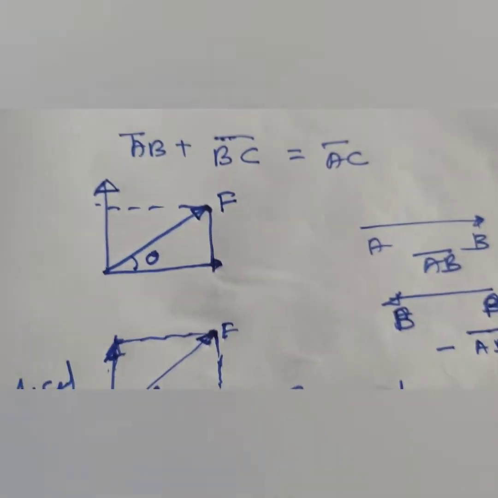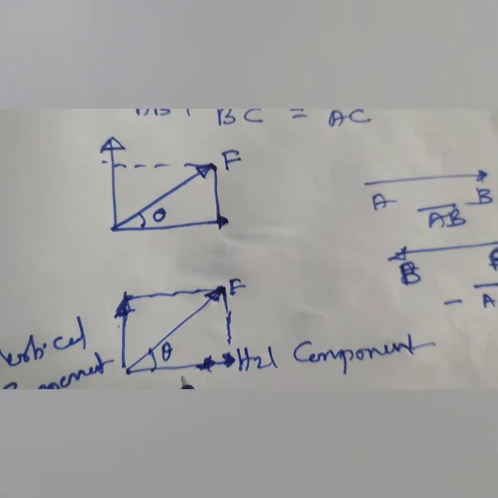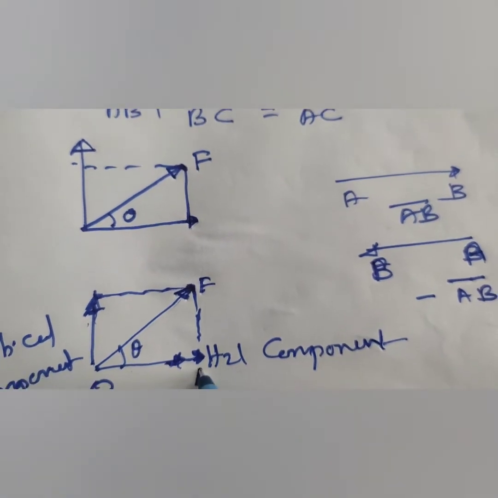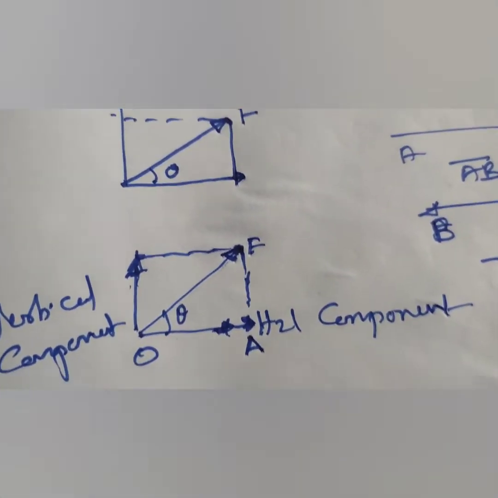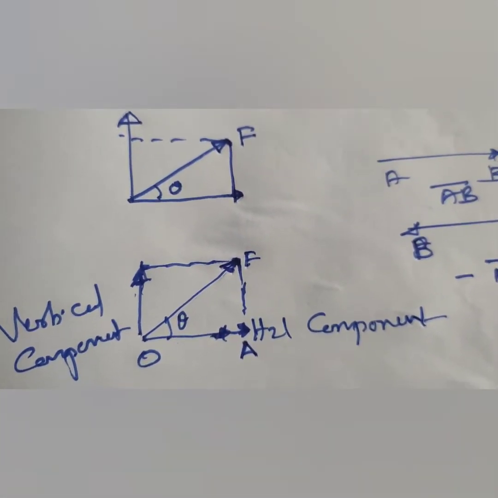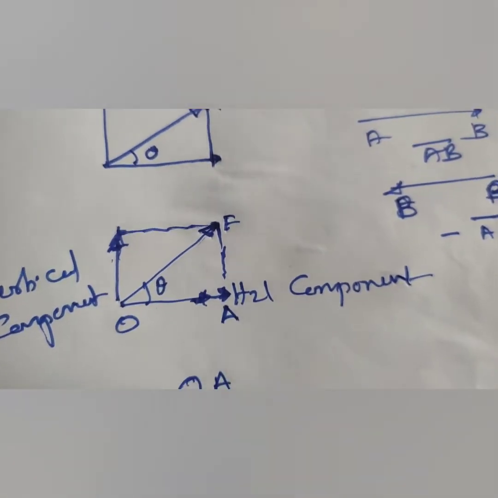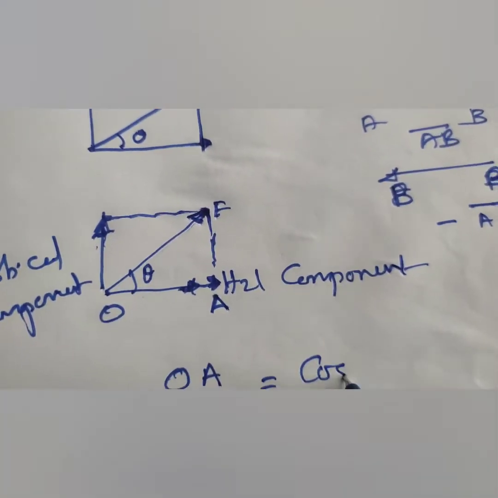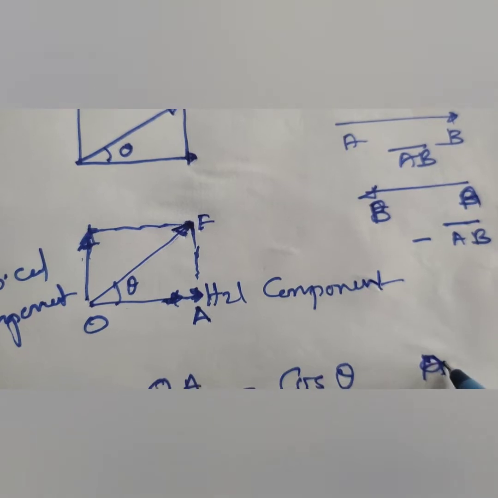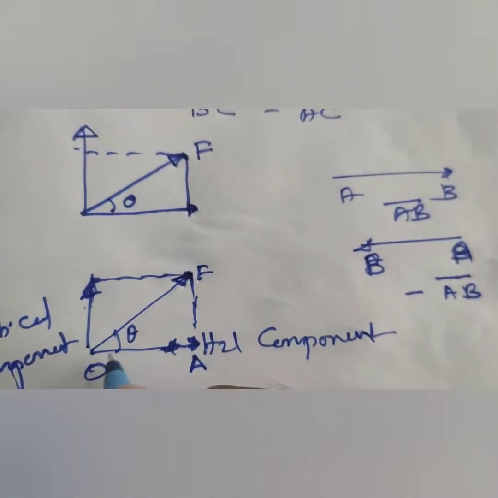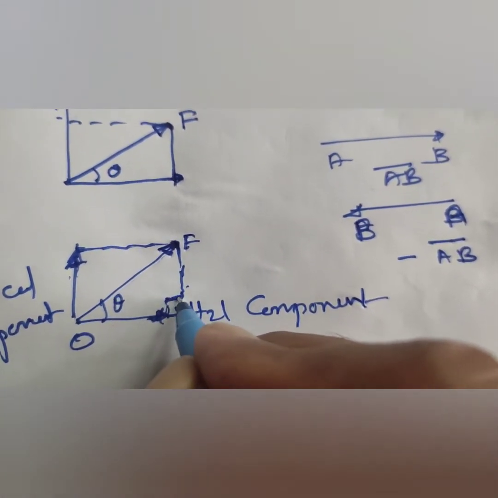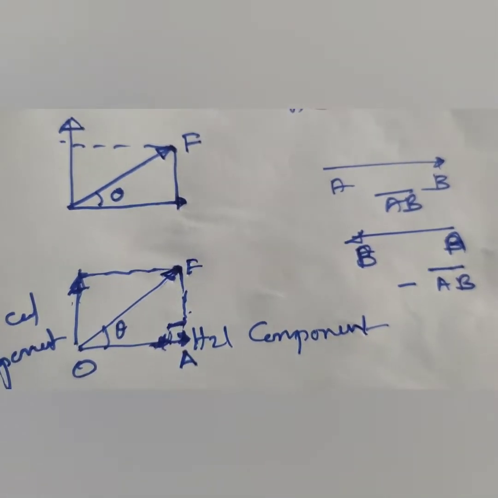If it is a point O and a point A, then OA by OF is equal to cos theta, and AF, the opposite side, is perpendicular.